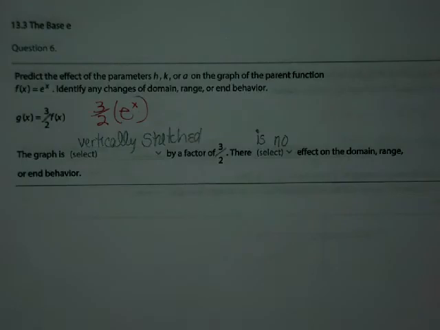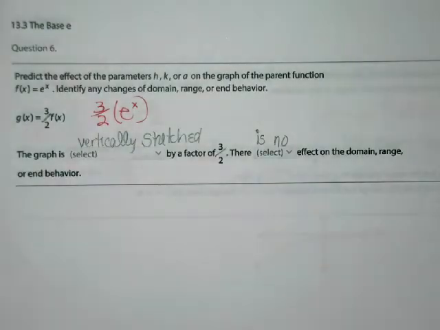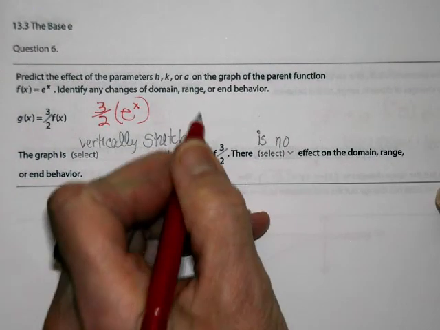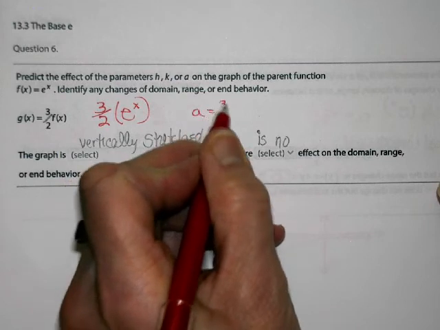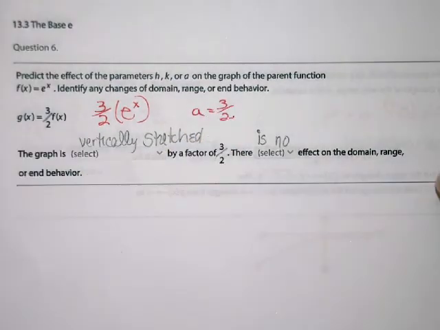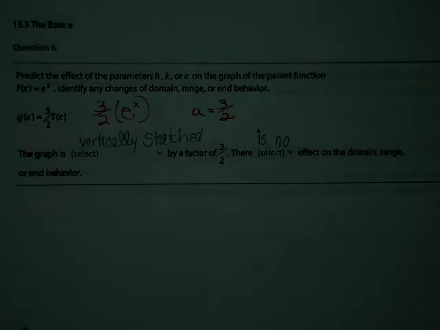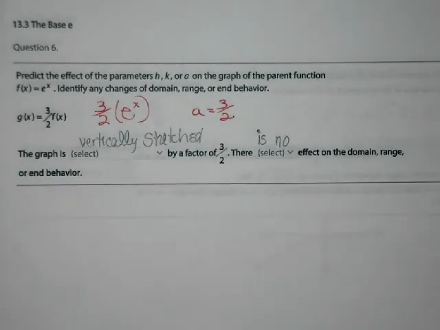The stretch still happens no matter what the function is. You're still stretching the graph. It's hard to see. Let me see if I can get it coming back in with our dark room. There we go. Okay. Because 3 halves is greater than 1, a equals 3 halves.